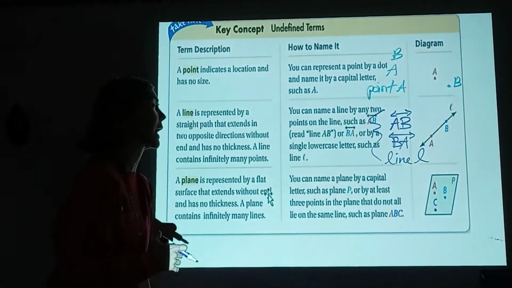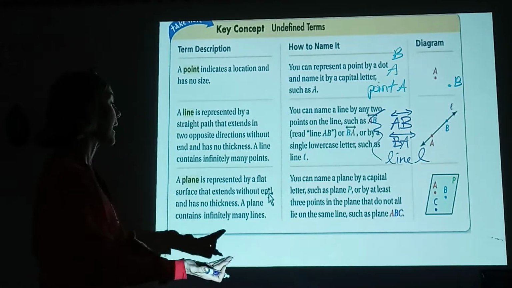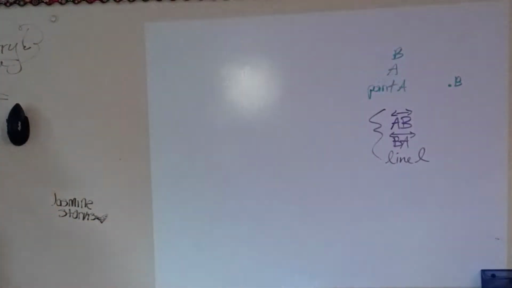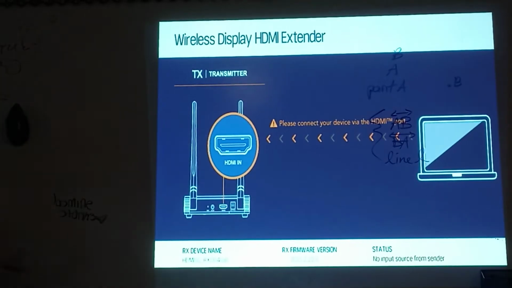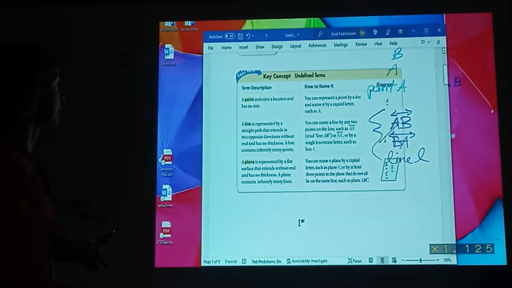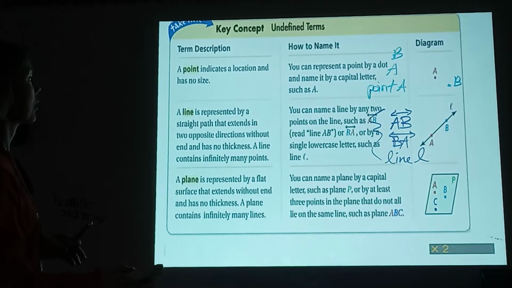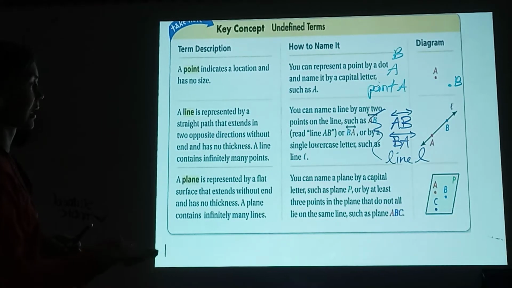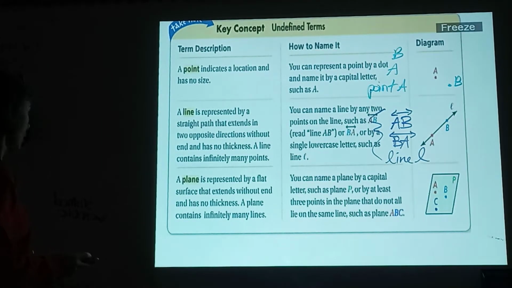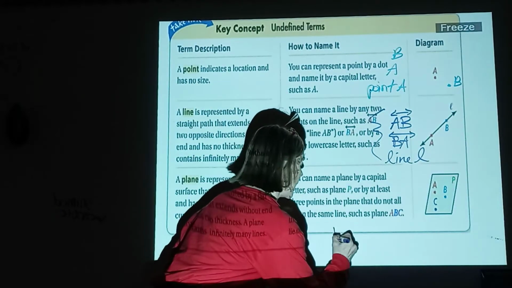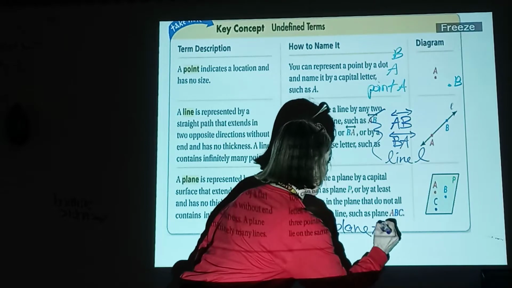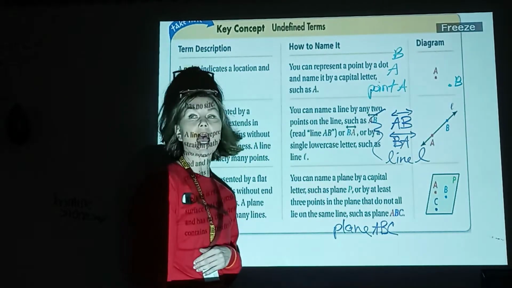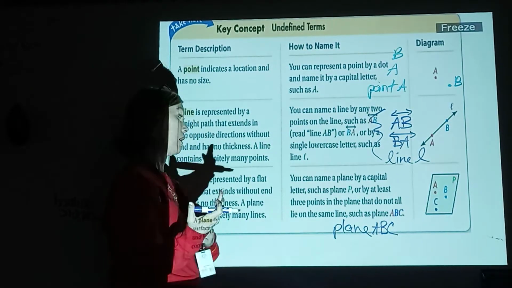Now here we have a plane. Now a plane can be written, okay, forgot to freeze the screen, okay? A plane can be written by using 3 points, okay, on the plane. So you would say plane, there's A, B, C. A, B, C. That's how you would write the plane, okay?